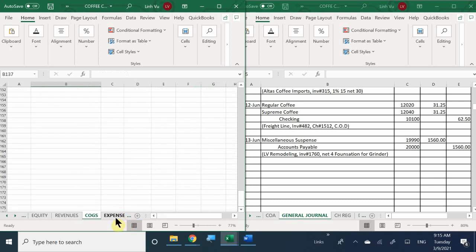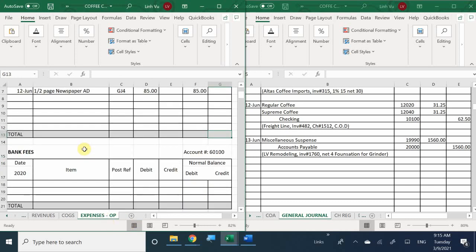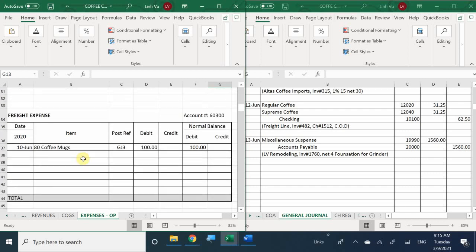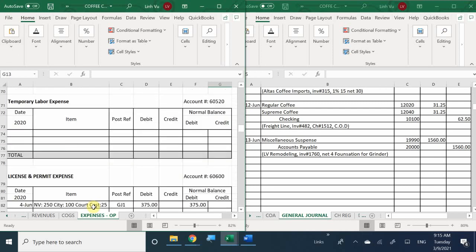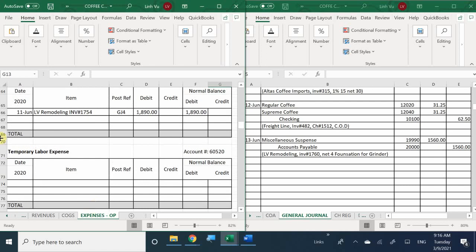So again, this is going to be under labor expense. If you keep scrolling down, the main account is labor expense, but the sub account is going to be the temporary labor expense. So here in the notes, I'm going to place one person, $10.50 per hour.